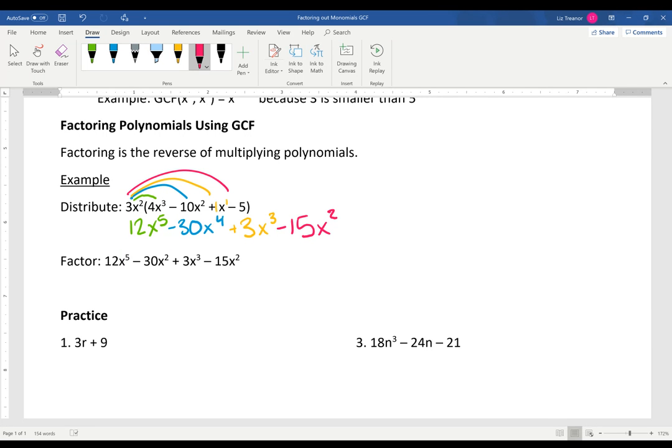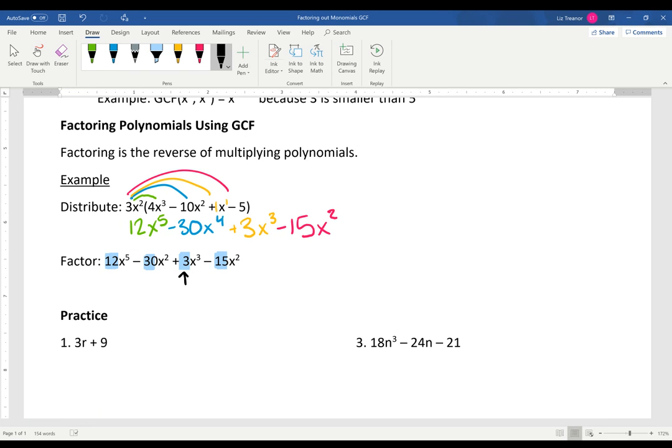It's asking you to factor it now. If you go backwards, you first look at all your numbers, the coefficients, and try to find the greatest common factor. One thing I like to do is start with the smallest number and find all the factors of that.